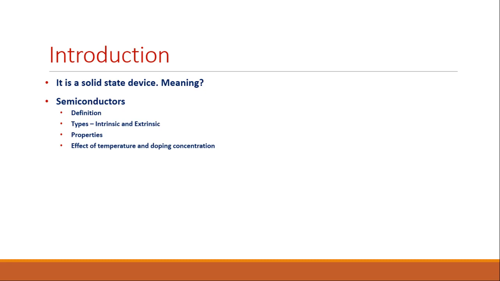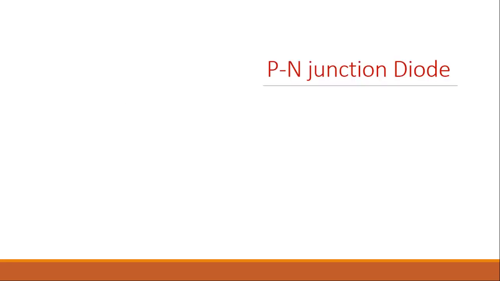When the temperature of an extrinsic semiconductor is increased beyond room temperature, the current through the semiconductor will rise. Similarly, when the doping concentration of a trivalent or pentavalent impurity is increased in a particular semiconductor, the current will also rise. The applications of devices made from extrinsic semiconductors are very large, and we are going to see those later on.